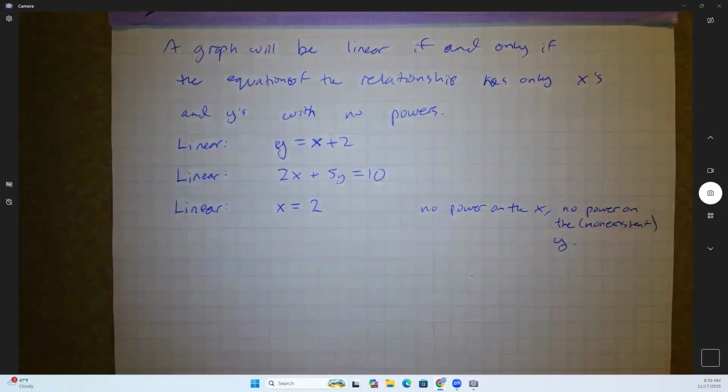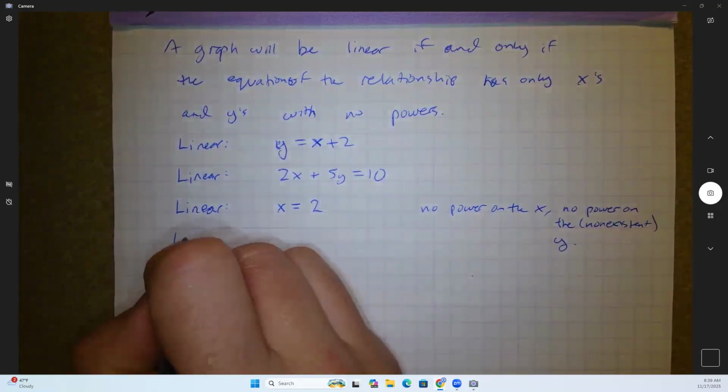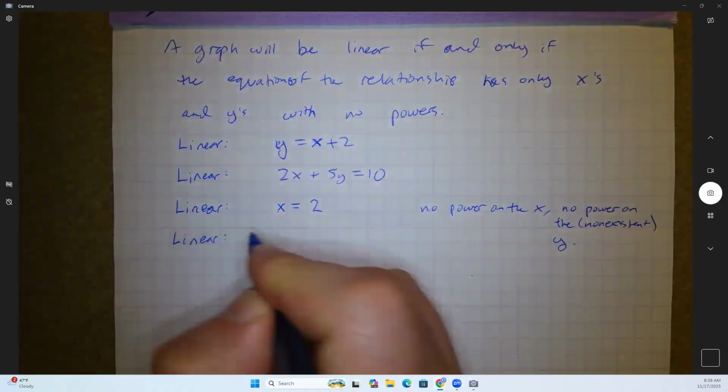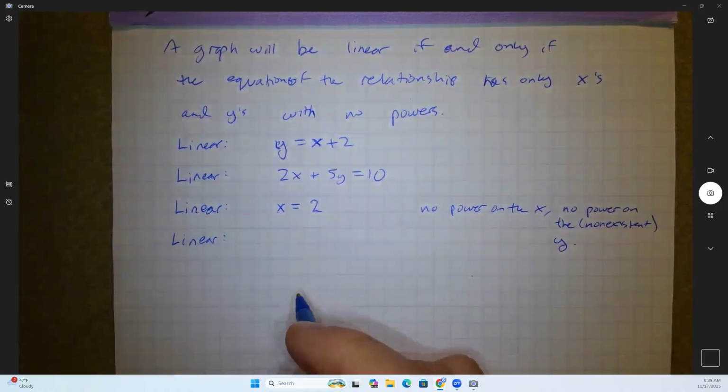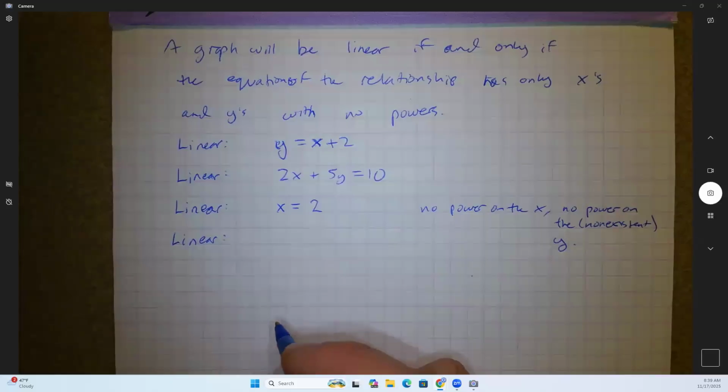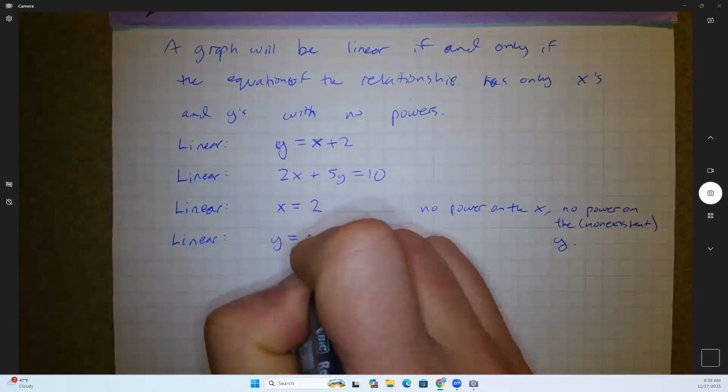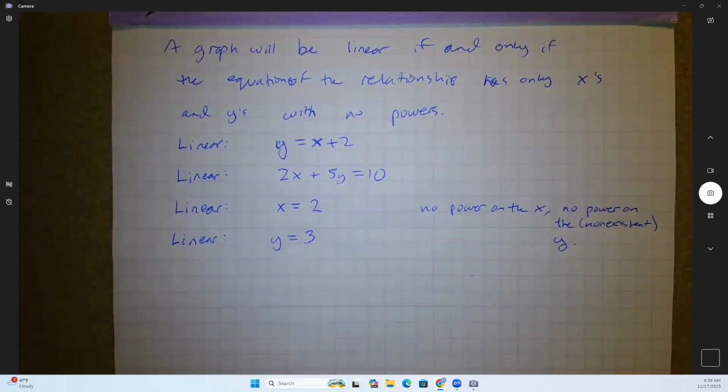So it still fits that rule. I could have it be linear where there's no power on the y. And since there is no x, there's no power on the x either.